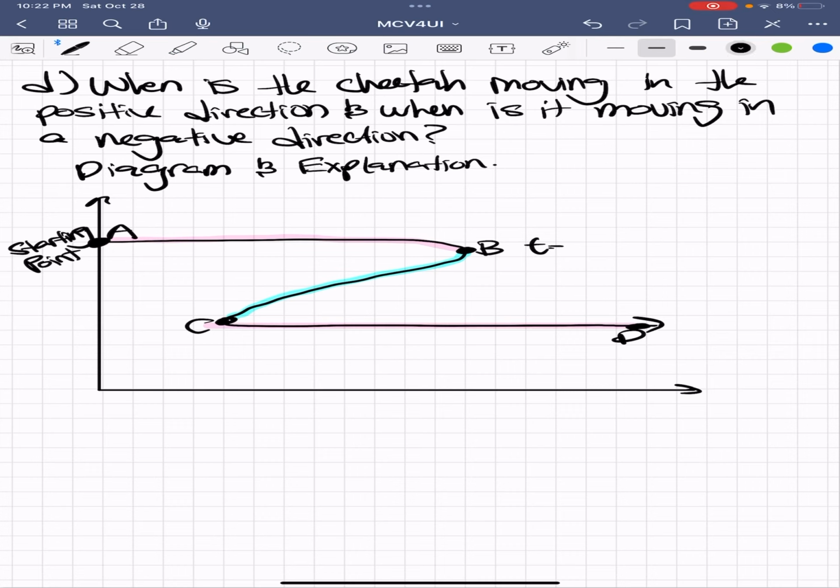So we have T equals 3 seconds. T equals 7 seconds. We have the first stride. We have the second stride. And we have the third stride. We have 49 meters.